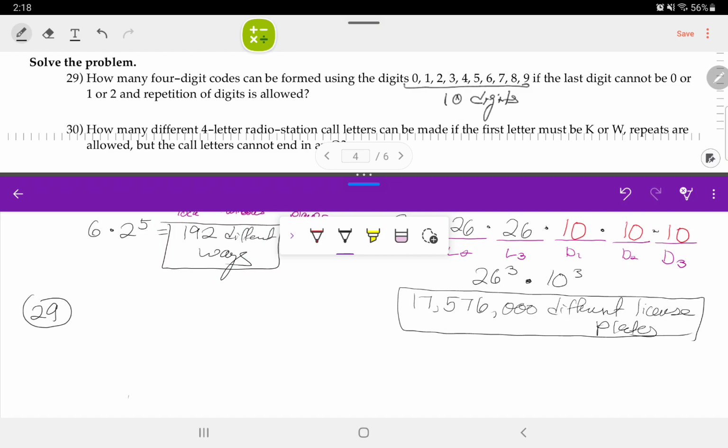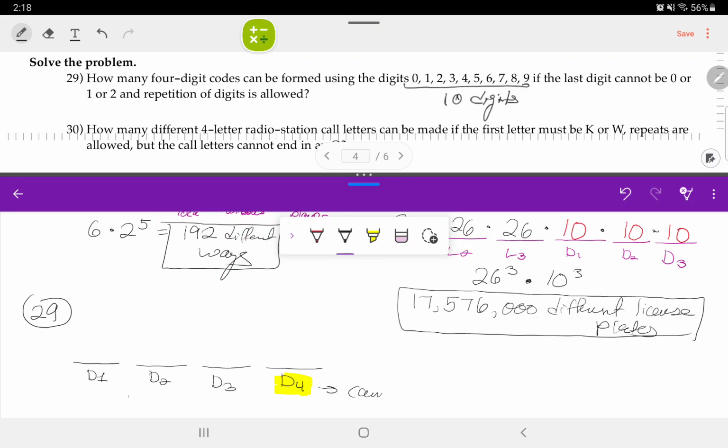Number 29, we're looking to form 4-digit codes. So digit 1, digit 2, digit 3, digit 4. Now, if you notice, there is a restriction on the 4th digit because it says the last digit cannot be 0, 1, or 2.